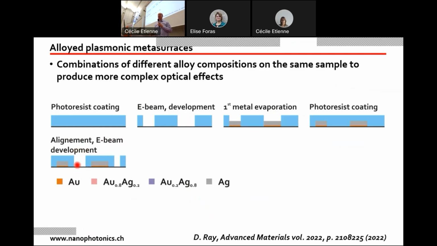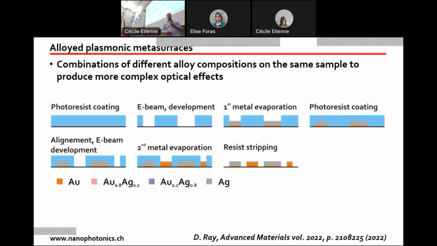So you have to take it all out of the E-beam, you have to bring it back and make sure that the second E-beam is going to be exactly in between these previous structures. You can make another evaporation, for example, 80% gold, 20% silver, and then you remove your resist, you do the low temperature annealing, and then you end up with your nanostructures with different stoichiometries, and they're going to produce different phases for your incident optical light.